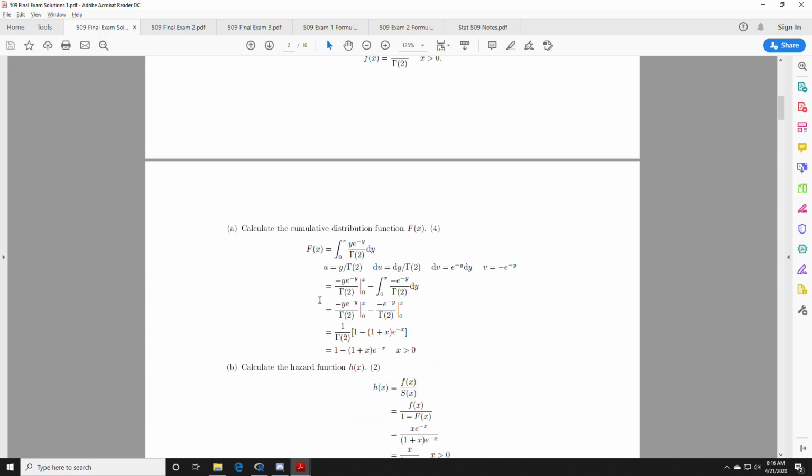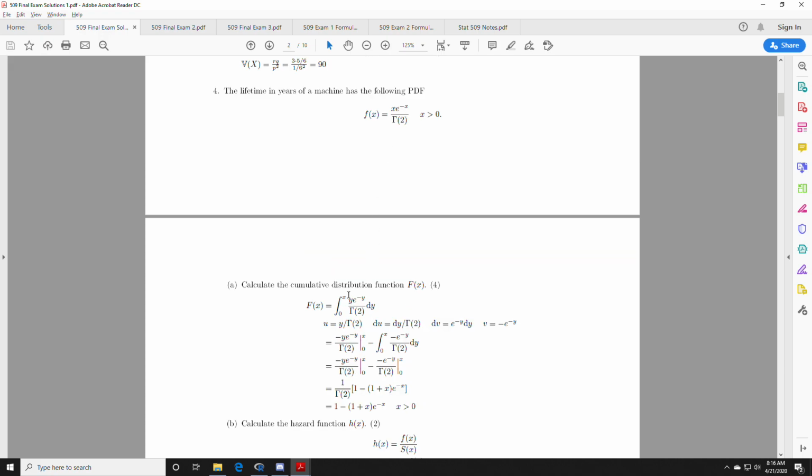Back a long time ago, in order to integrate the gamma distribution, we had to use integration by parts. That was the go-to trick to integrate a gamma distribution. So trying to integrate this, notice I just switched to y's. That way the CDF could be in terms of x.